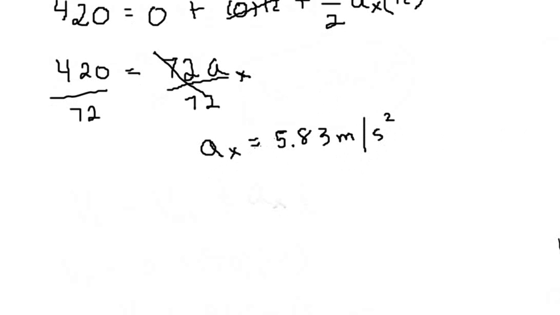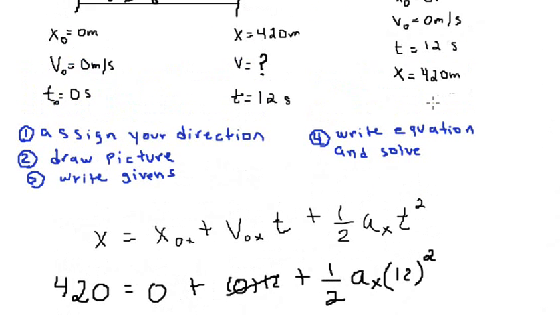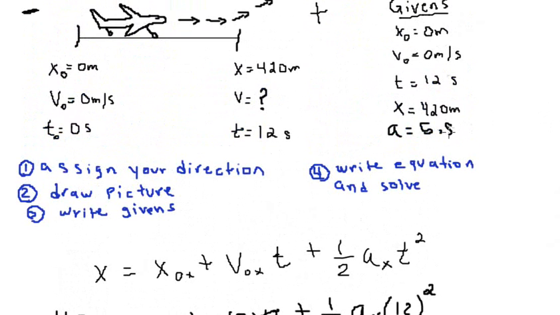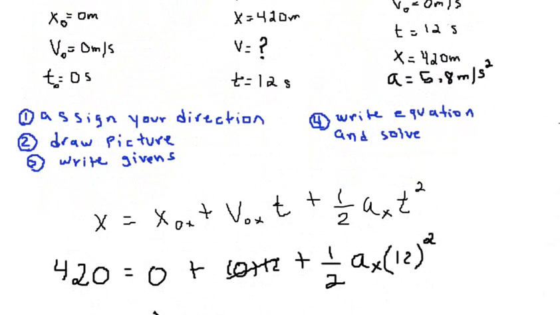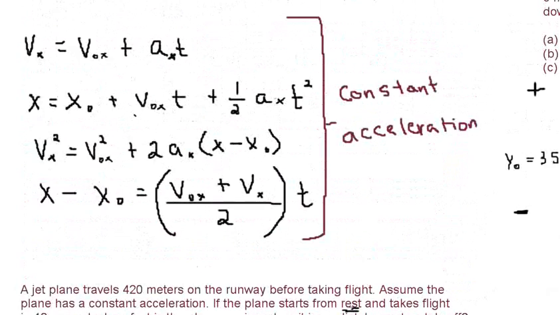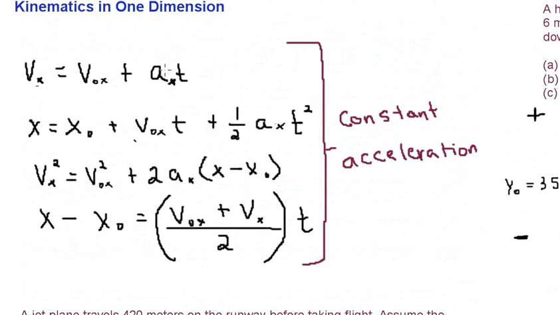Now that we found the acceleration, I'm going to put that here in my givens: 5.83 meters per second squared. Now I'm going to use this kinematic equation because this one is easier than this one, to find the final velocity.